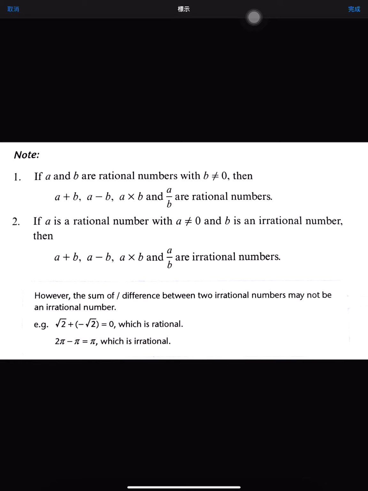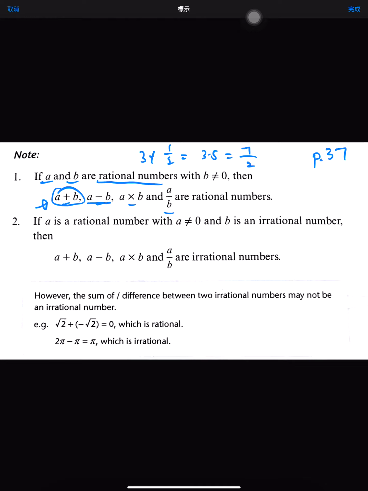It says that for any two numbers, for the calculation of plus, minus, times, or division: when two numbers are added together, if both of them are rational, then the outcome will be rational, right? For example, 3 plus 1 over 2, we know that the answer will be 3.5, so you can change it to 7 over 2, right?